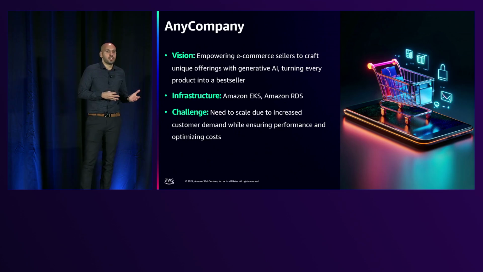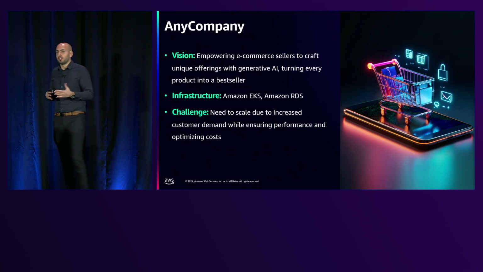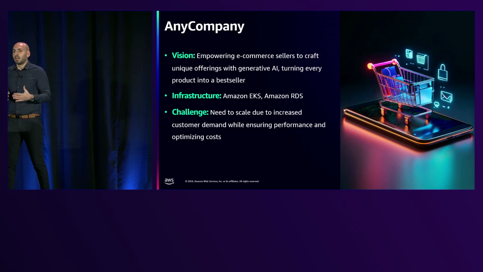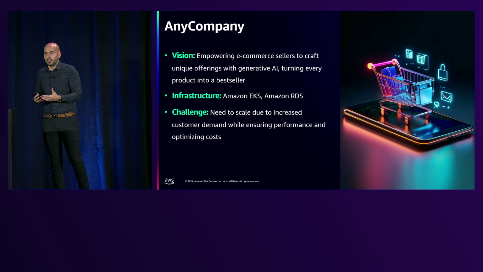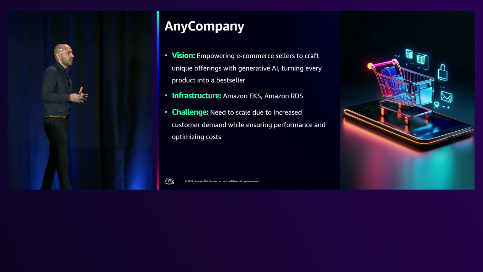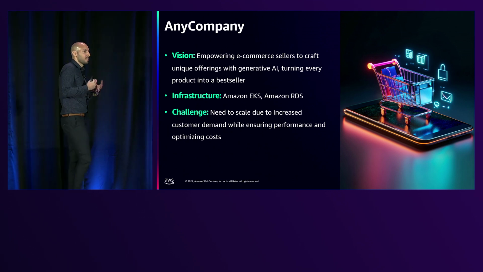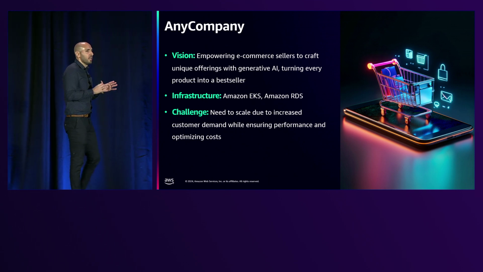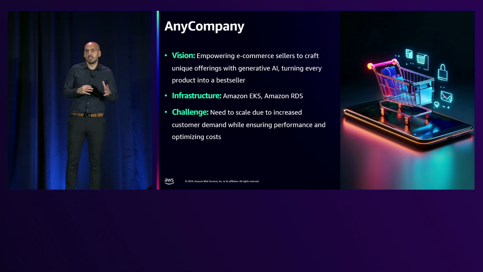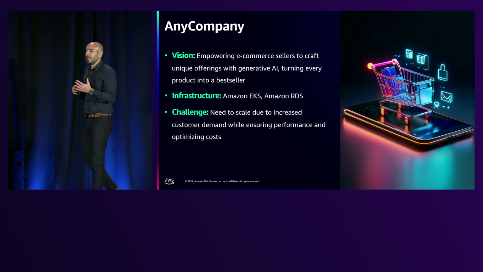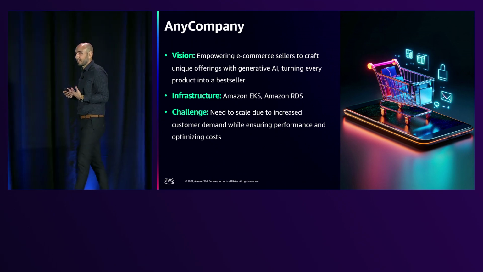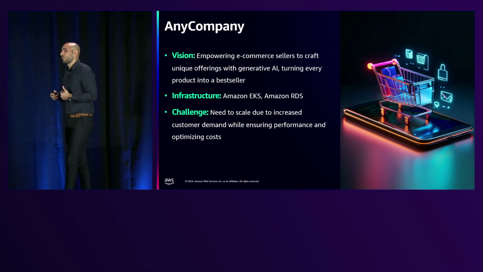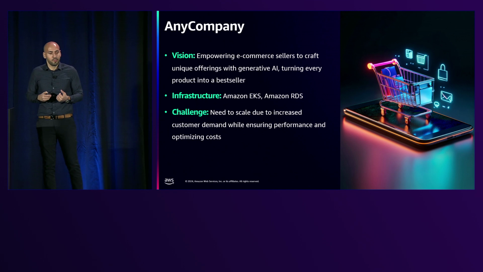Their key AWS services are Amazon EKS for the application layer and Amazon RDS for the operational database layer. Any Company is a fast-growing, successful startup, but they're still an early-stage startup. And one of their challenges is balancing cost and performance as they scale. And this is a challenge that we typically help customers tackle.